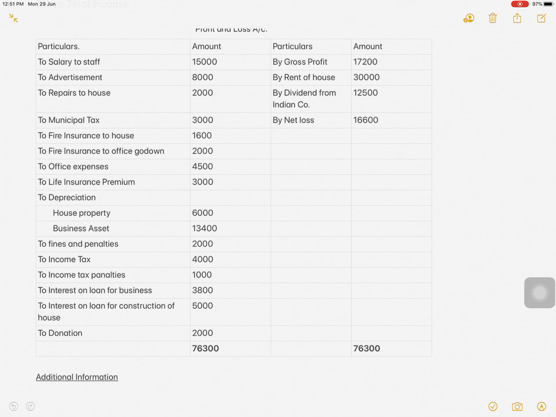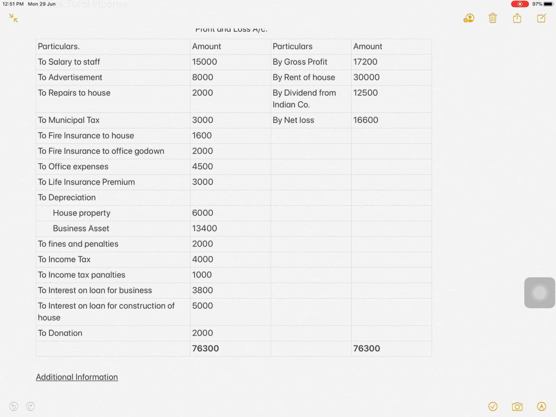That 25% for business purpose is allowed. The remaining 75% is for self-occupied property as well as let out property, and that part is disallowed. So for repairs to house, 25% of 2,000 is allowed, remaining 75% is disallowed.